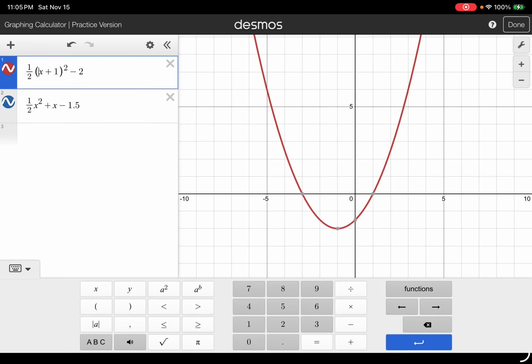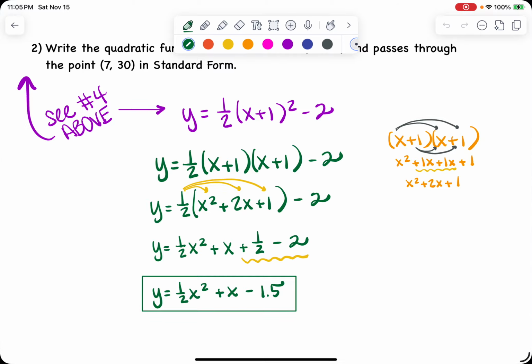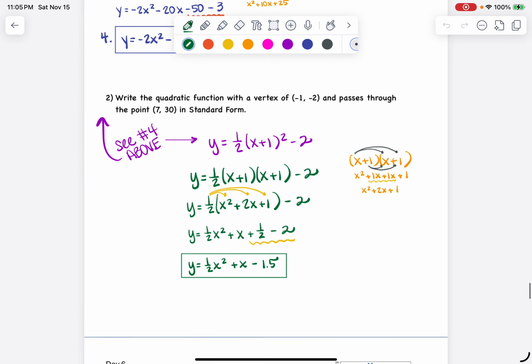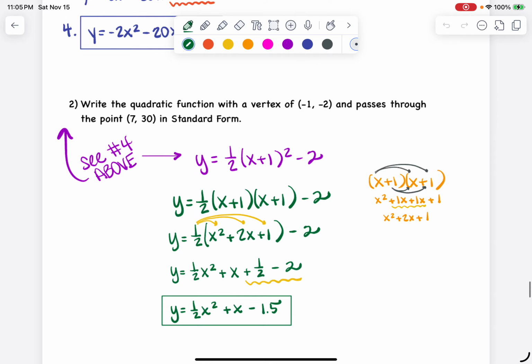Magic. Yay. Look at me toggling back and forth between identical parabolas, right? Vertex form, standard form, vertex form, standard form, right? But it's all the same. Yay, us. Right.